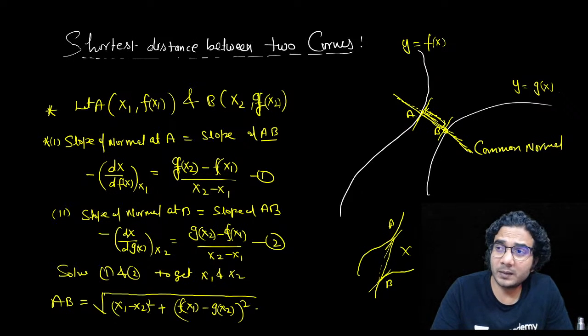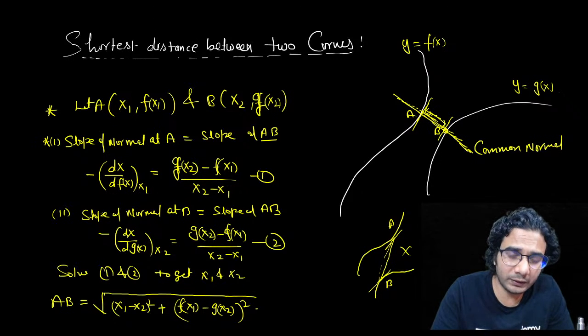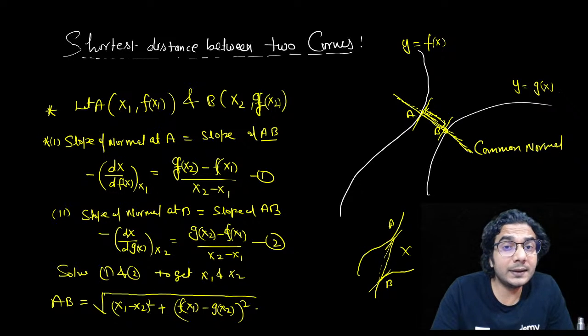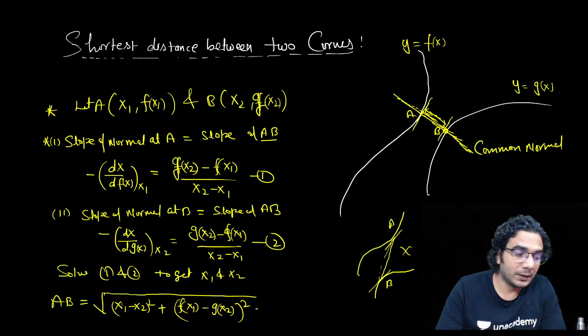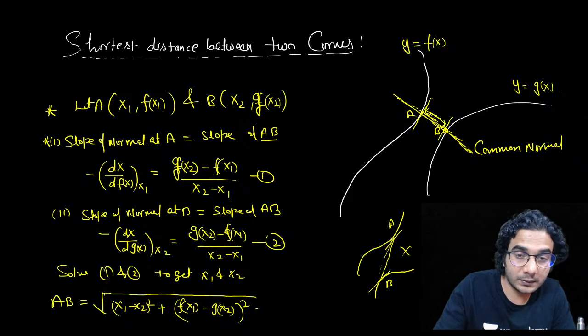You can have two parabolas, one ellipse and one circle, one ellipse and one parabola. These types of conics you will mostly have. Then they have different ways of asking this shortest distance, so we'll do those types of questions later. So let's start with taking one curve as a line and another as some other curve.